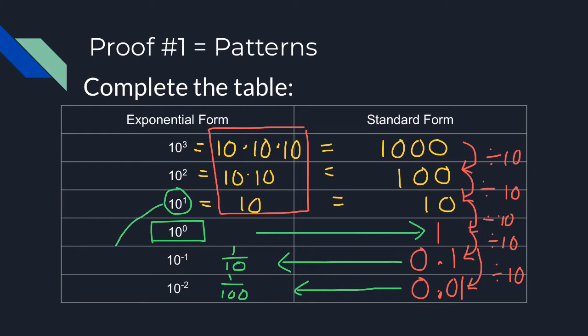But the minute I put a negative sign on it, the 10 went to the denominator. 10 squared is 100, but the minute I put a negative on it, the 100 went to the denominator. Interesting.